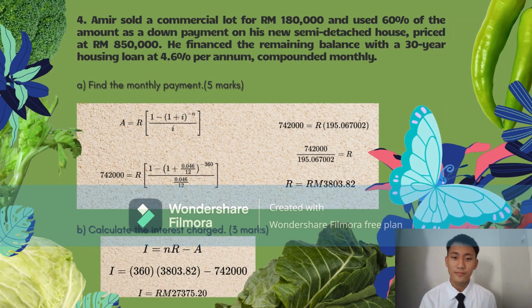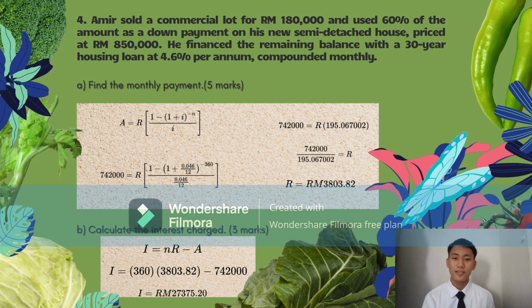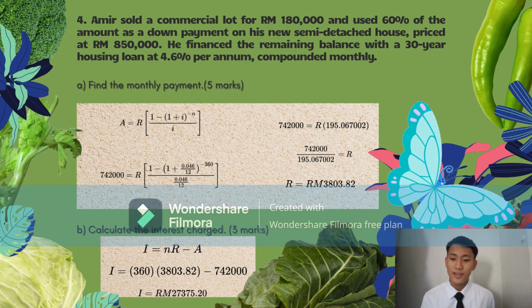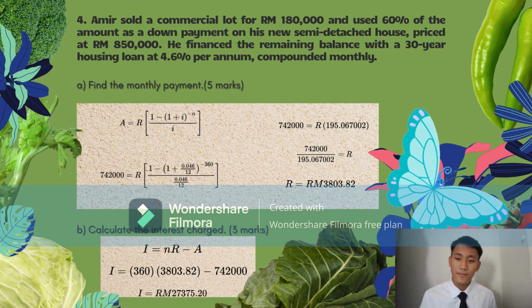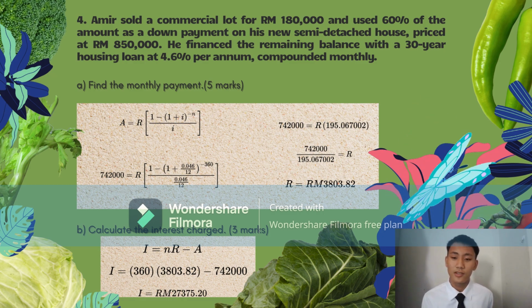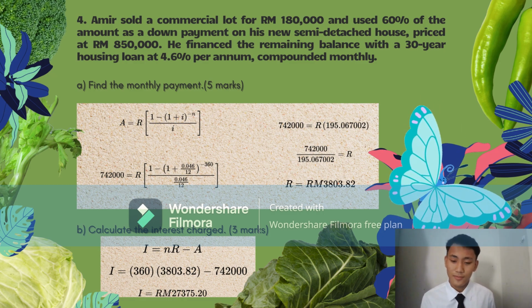Question number 4. A. Find the monthly payment. A equal to 850,000 minus 180,000 equal to 670,000.